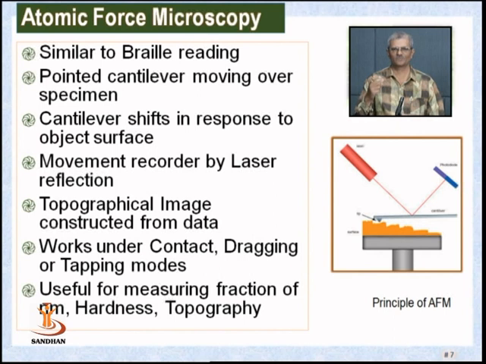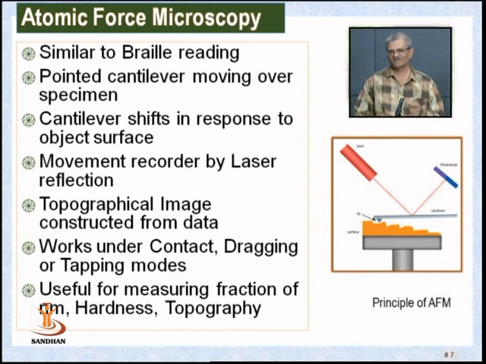Now, atomic force microscopy is another technique whereby we can check the morphological features of very ultra microscopic dimensions. This technique is, you can say, very much similar to reading braille markings with the help of fingertips. In the same manner, a very microscopic probe called a cantilever has a very sharp pin, and that is kept pointed over the object. This cantilever moves along the object, as we see in the diagram.